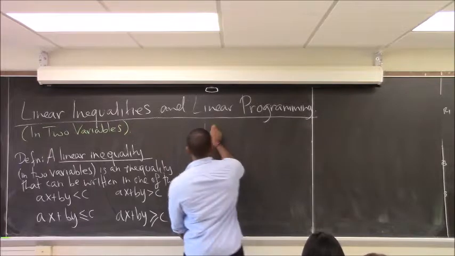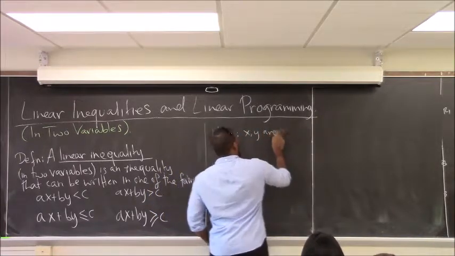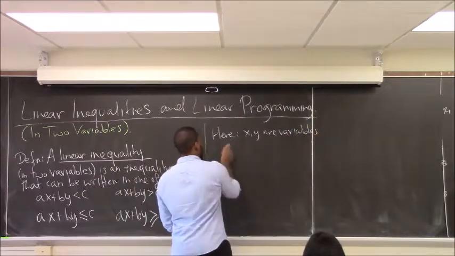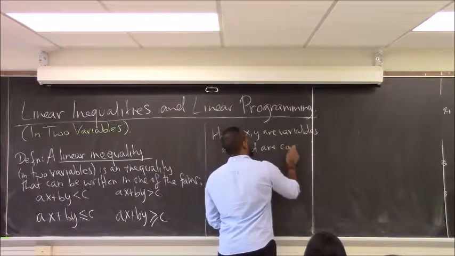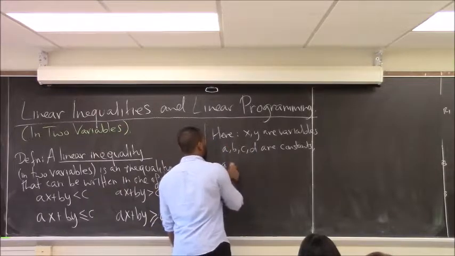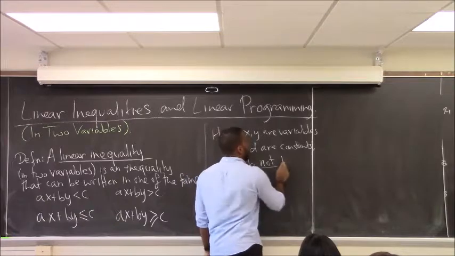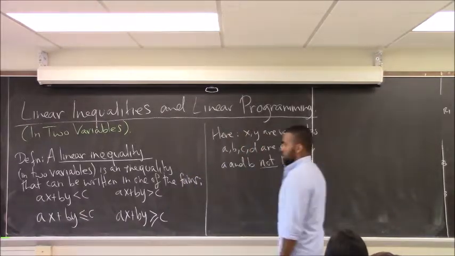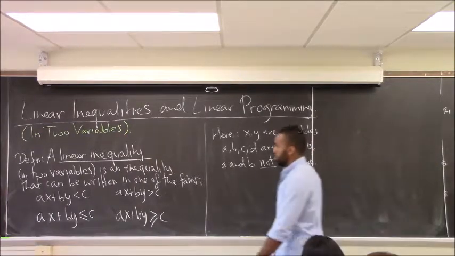Here x and y are variables. They're the ones you're going to want to be able to solve for. And a, b, c are constants with a certain restriction: a and b cannot both be 0 at the same time. Any object that looks like that is called a linear inequality.